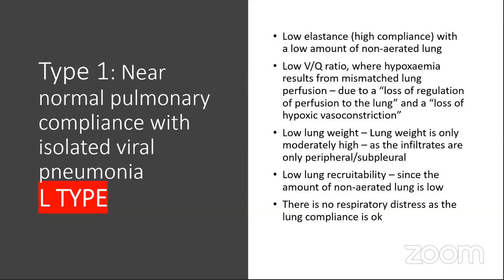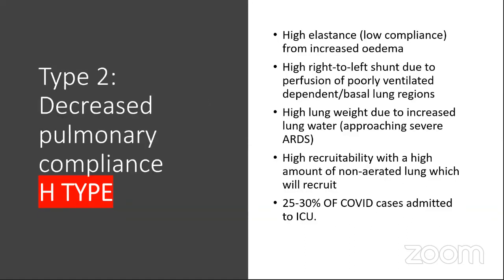Lung weight is light because there is no inflammation and less edema. Most alveoli are well aerated, so there is no room for recruitment, and usually these patients have mild respiratory symptoms in spite of hypoxemia. So this is type 1, or L type.